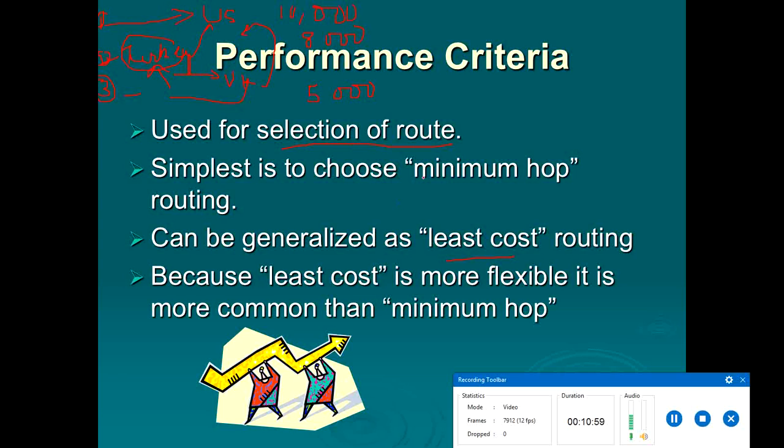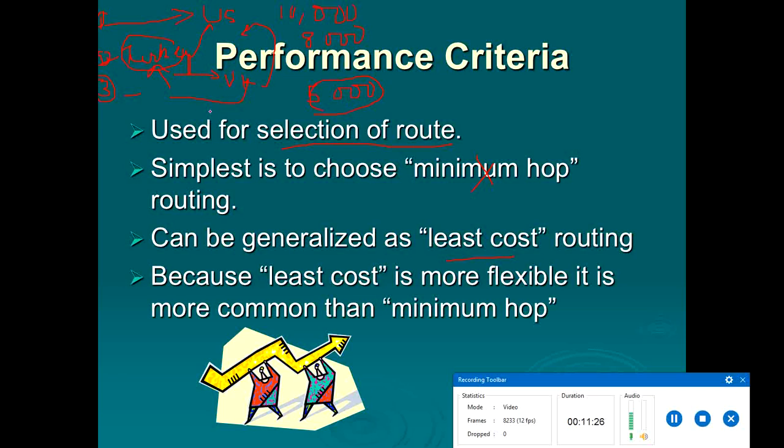But normally, we don't go with minimum number of hops, rather we go with the least cost, because least cost is more flexible and more common than minimum hop. Again, in your daily life also, you are not going to count the hops. Rather, you will go with the minimum or the least cost. So, the third option is costing you the least, although it has maximum number of hops.